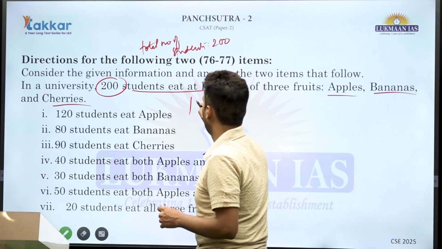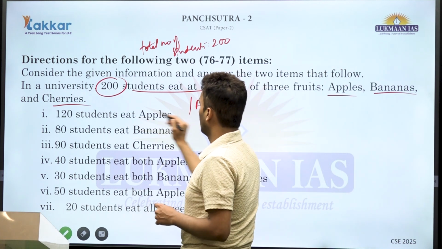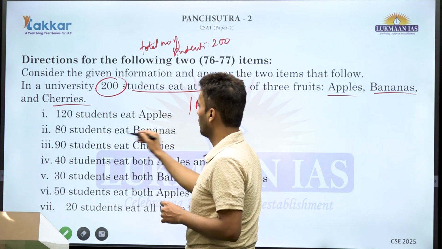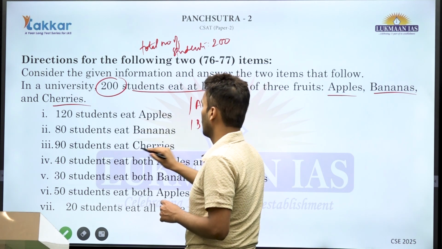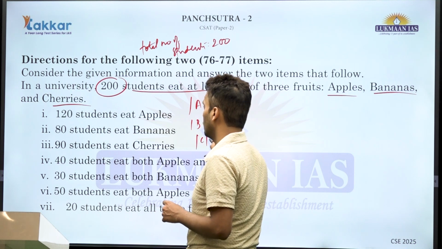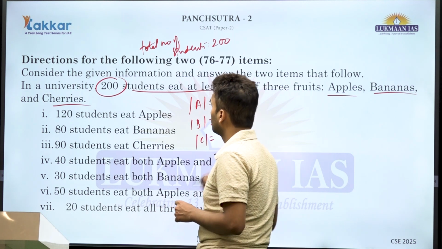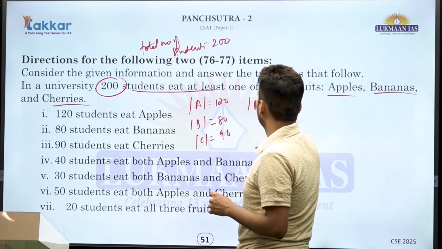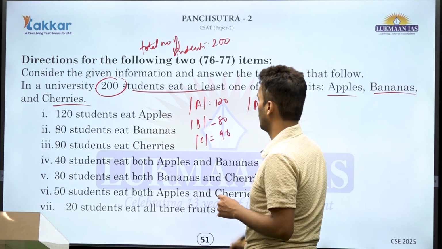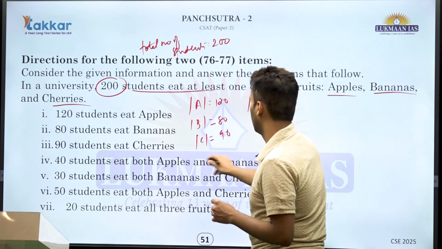For apple, how much is given? 120. For bananas, 80. For cherries, 90. Apple and bananas, 40.